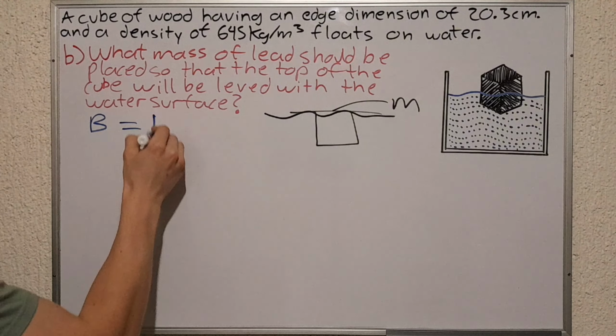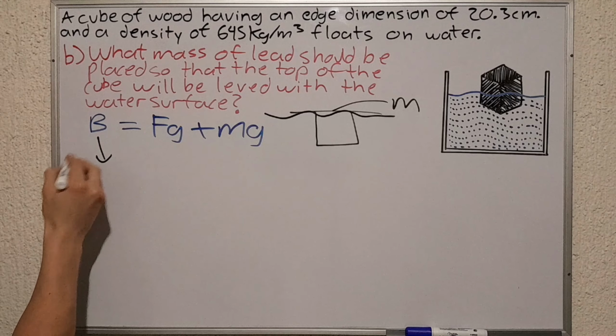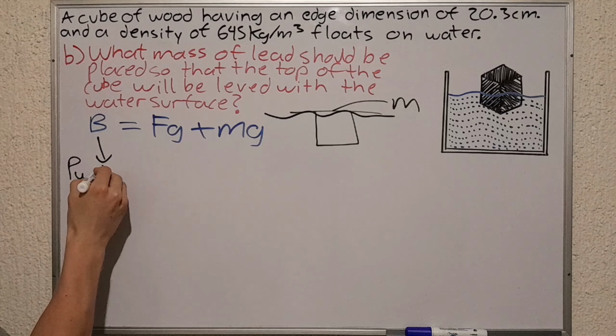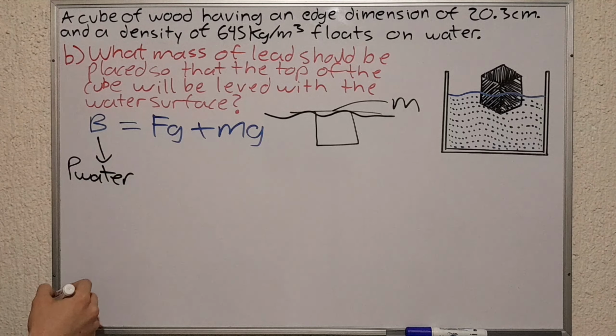We see here that we're going to get m, but we need to translate B and F. B is simply the density of the water times the volume of the cube times G. Now F is the density of the wood times the volume of the cube.